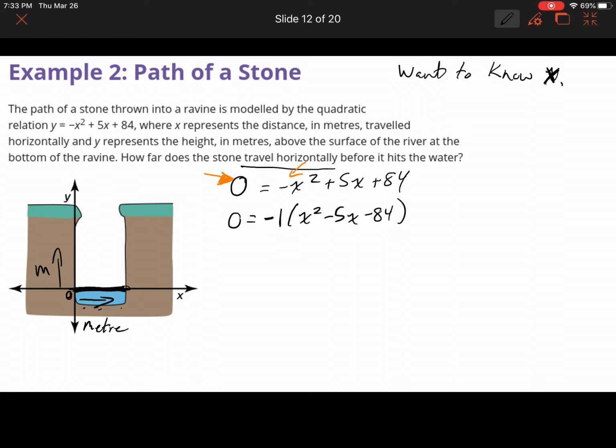But now what can we do with it? Because it is multiplying with our brackets, we can divide both sides by -1 to get rid of it. What's 0 divided by anything? Still 0. So we've just canceled it out, because when we divide 0 by anything, it just becomes 0.